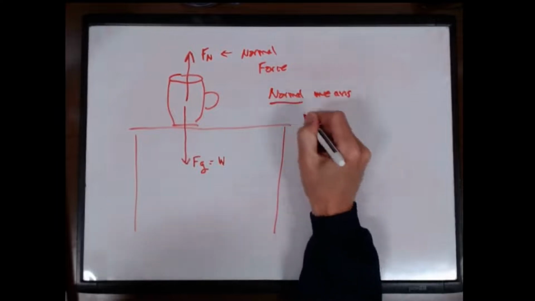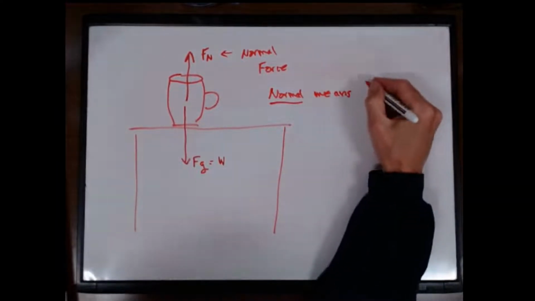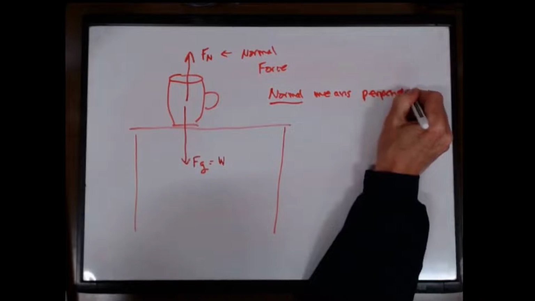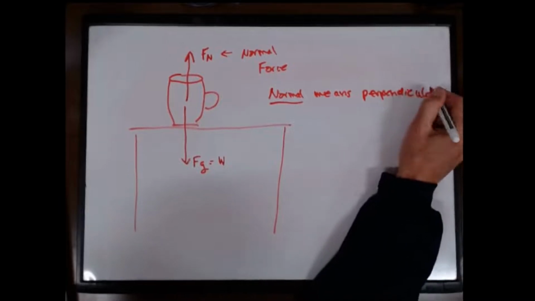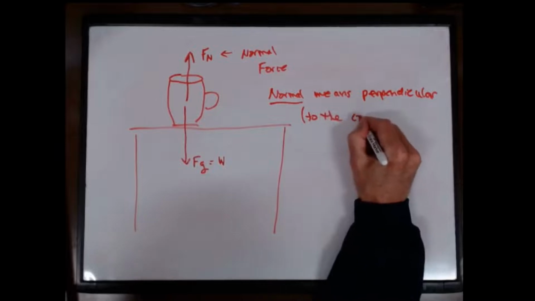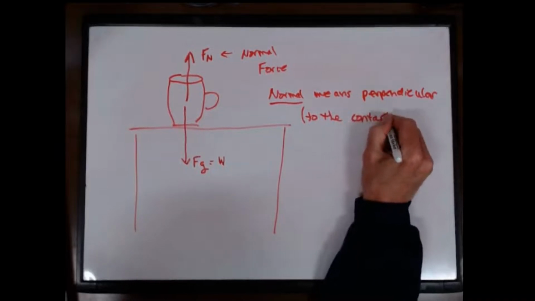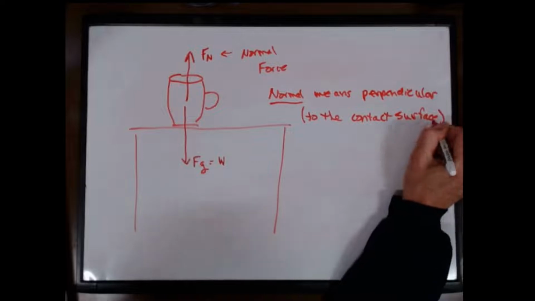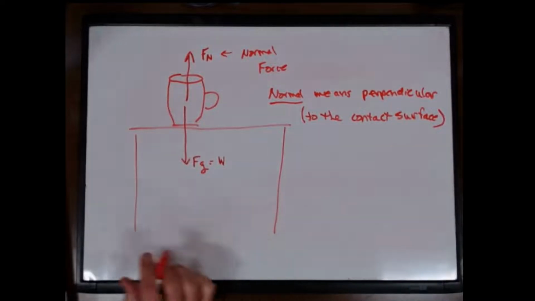Normal is a mathematical term, and it means perpendicular, in this case, to the contact surface.